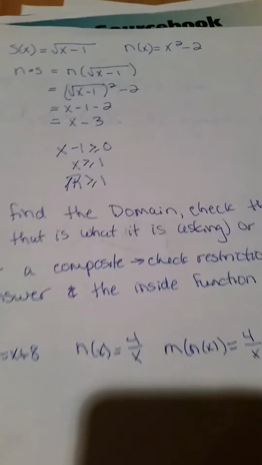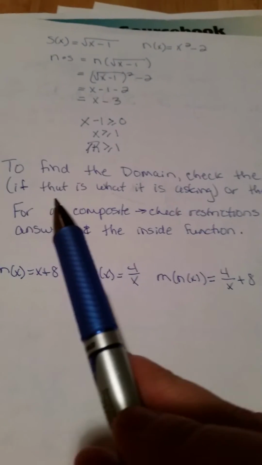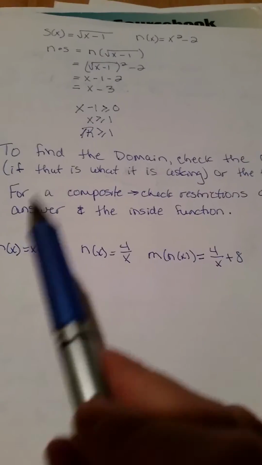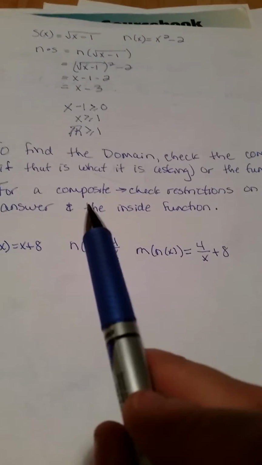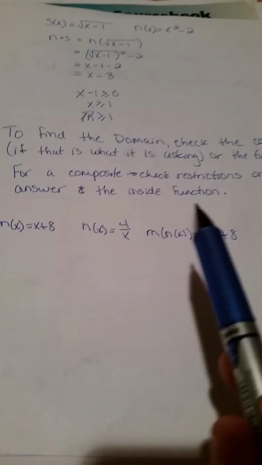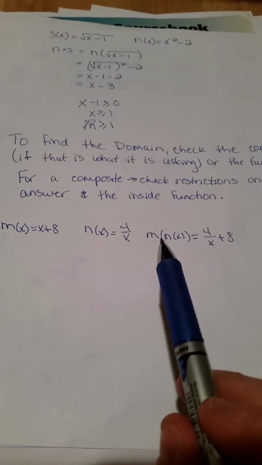It was pretty complicated. So again, to find the domain, check the composite, if that is what it is asking, or the function. So here, again, for a composite, check the restrictions on the answer and the inside function. So in this case, we have m, n, and the composite.